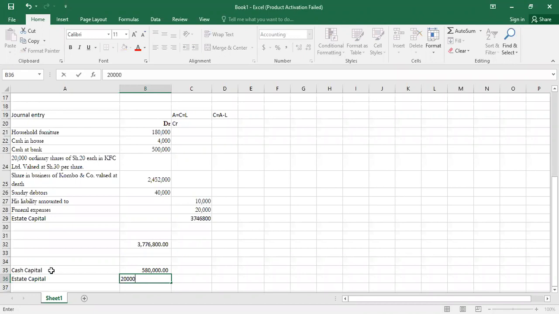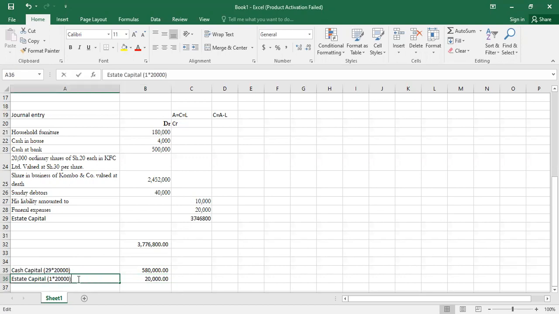You can indicate here, we are selling our shares at 29 shillings multiplied by 20,000. But we are making a loss because the prevailing market value of the shares is 30. For every share we sell, we are making a loss of 1 bob. So we have debited the cash capital, we have debited the loss. So these are loss.